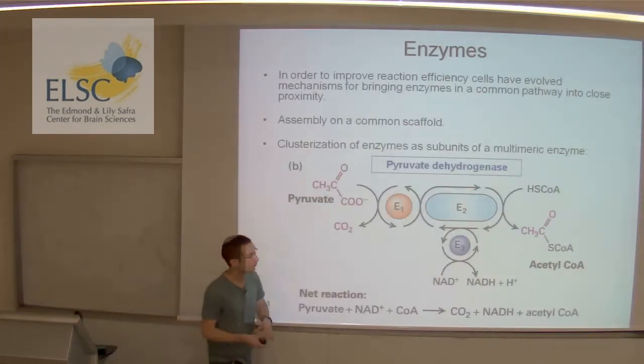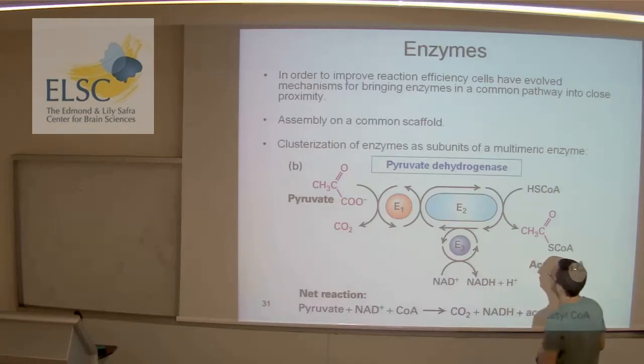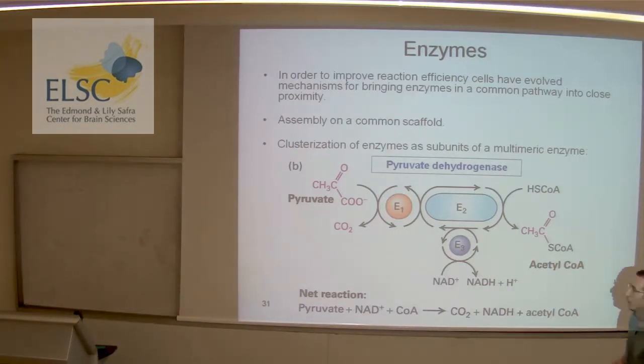Okay, last slide before the break. We just comment about the fact that cells have evolved and coupled some chemical reactions in which the products of one reaction have to be introduced as reactants to a second reaction.